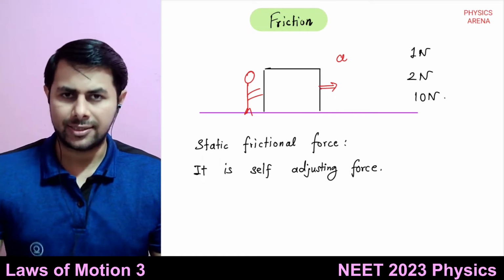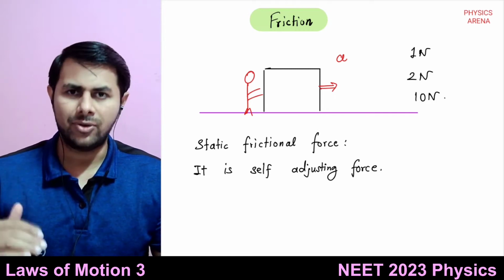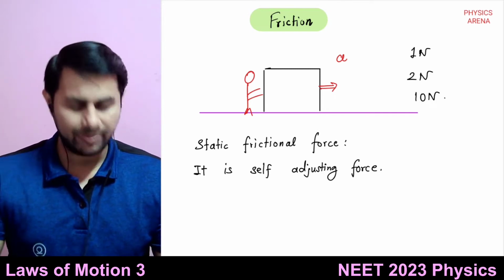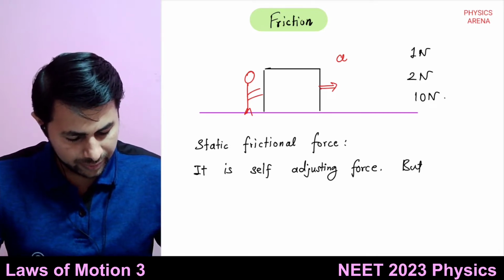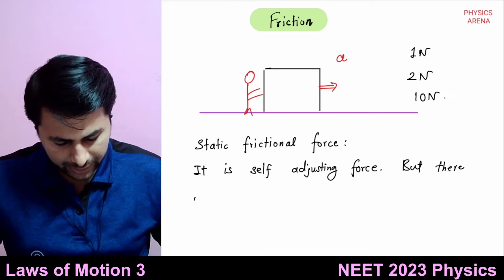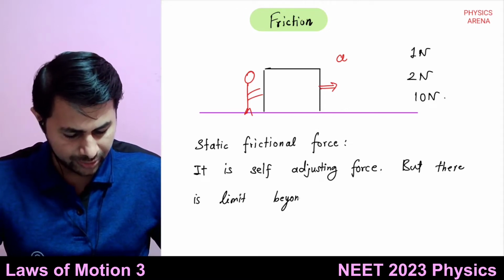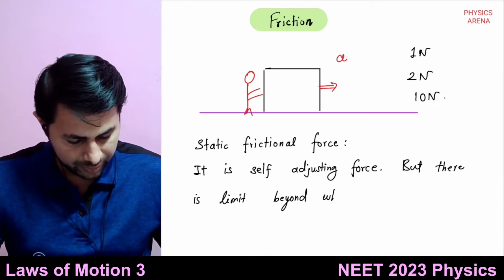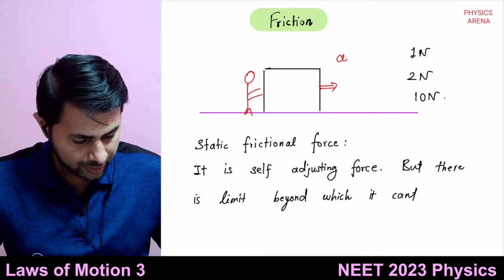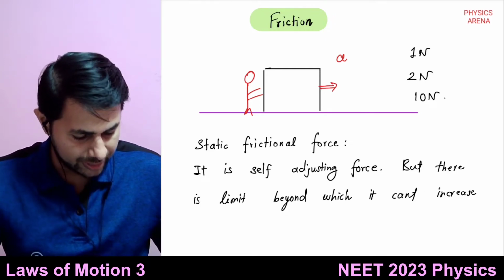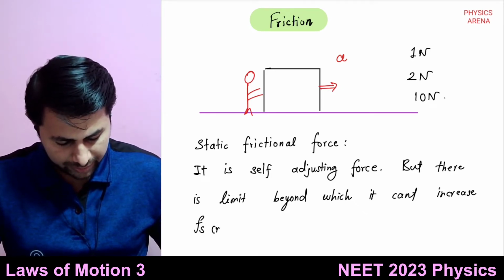That means it adjusts itself to the applied external force, but it cannot go beyond a specific limit, beyond which it can't increase, and that limit is known as the limiting value or maximum value. We'll call it fs max.